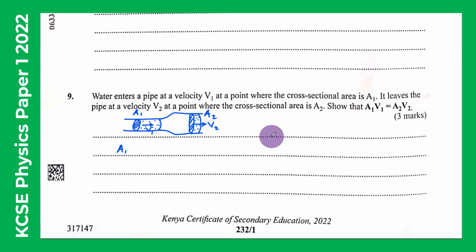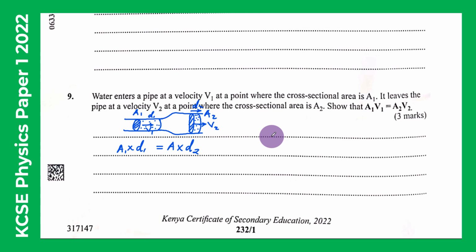times this length which it covers per unit time, D1. D1 is equal to the distance this one moves, like this is D2. So it's equal to this volume, which is the cross-section area, times D2, like that.